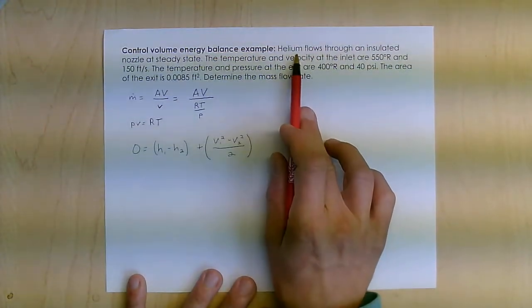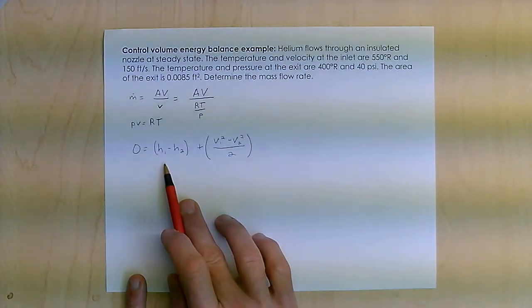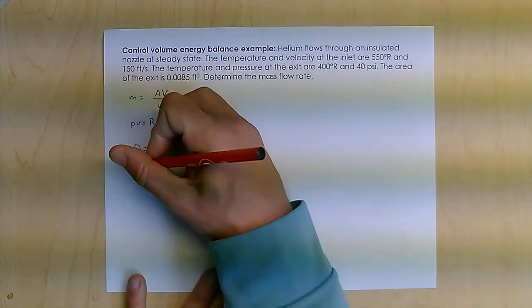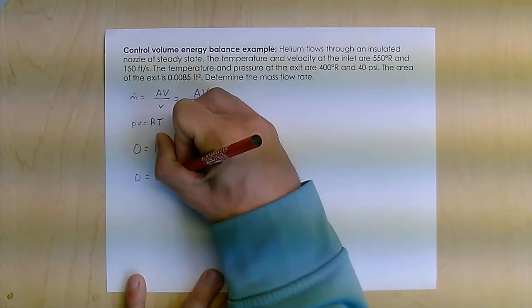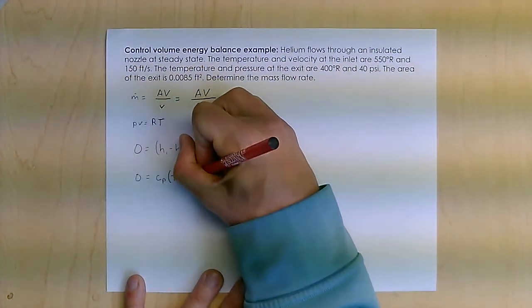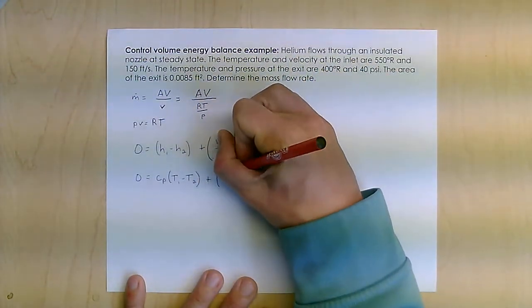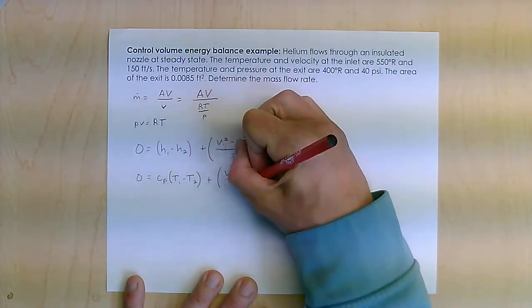Now, because this is helium, I don't have any charts to look up h1 and h2. So to find h1 and h2, you'll remember that I use Cp times (T1 minus T2), plus, again, V1 squared minus V2 squared all over 2.